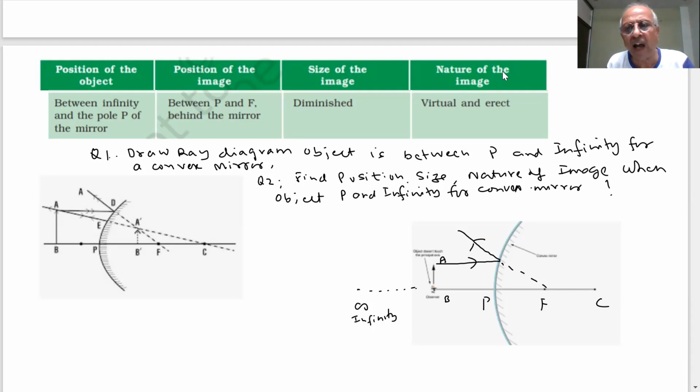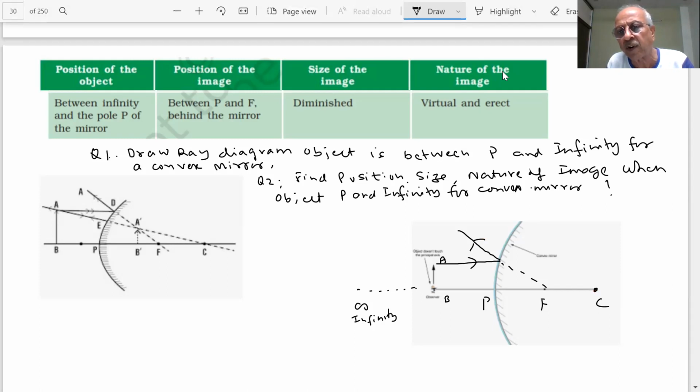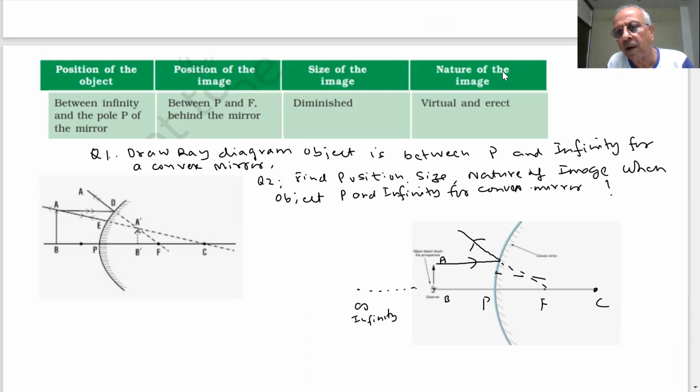What is the second rule? I will pass the ray towards the center of curvature. This is my center of curvature, student. What happens when a ray of light is directed towards the center of curvature?